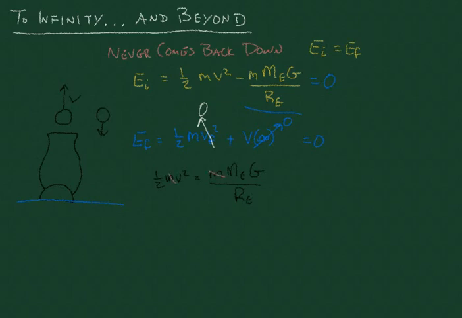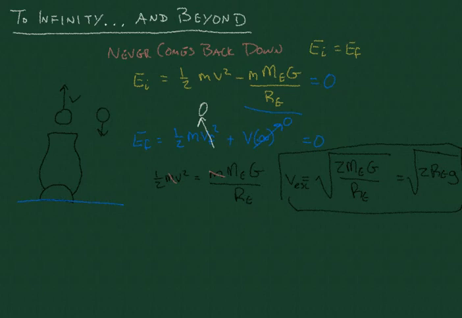And so we see that if we give it some initial velocity equal to the square root of 2 times the mass of the Earth, g, over the radius of the Earth, or the square root of 2 times the radius of the Earth times the acceleration due to gravity, this is what we call our escape velocity. This is the speed that we need to give something if we're not going to give it any later acceleration, if it doesn't have a rocket or anything. This is the velocity we need to give it in order to escape the gravitational pull of the Earth.